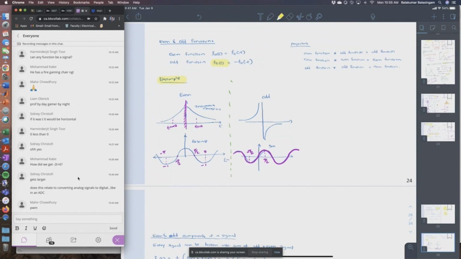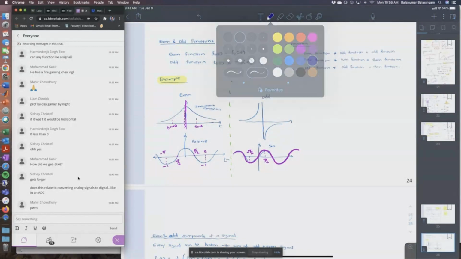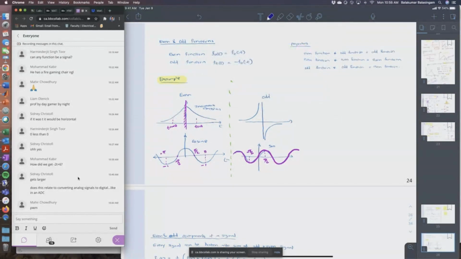So I should call it f_e, where e stands for even: f_e(t) is f_e(minus t).